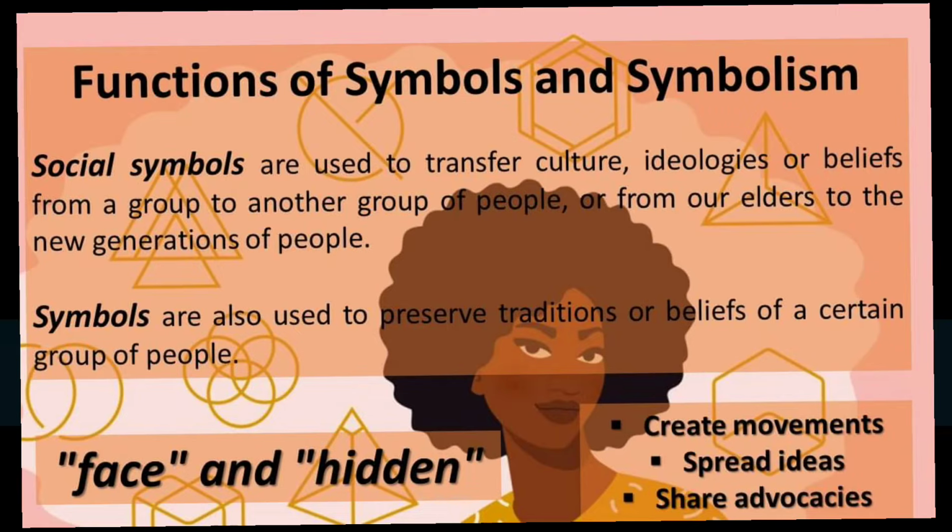These are also used to preserve traditions or beliefs of a certain group of people. Now, all symbols containing face and hidden value in a functional perspective hold a greater meaning and importance than the face value. So when we talk about symbols, these can be utilized to create movements, spread ideas, and share advocacies that surpass time and distance.